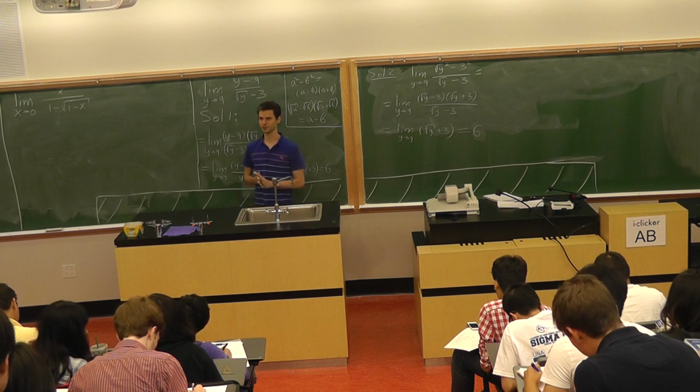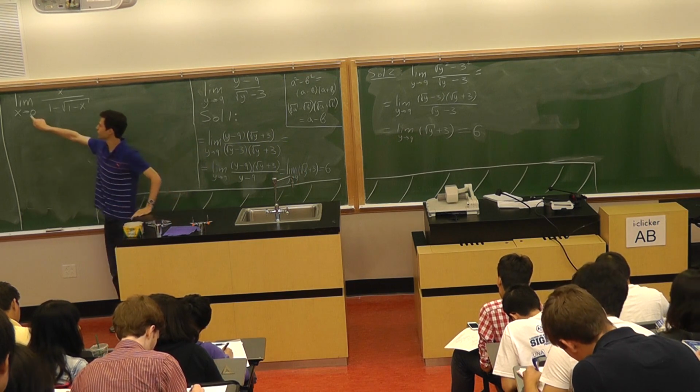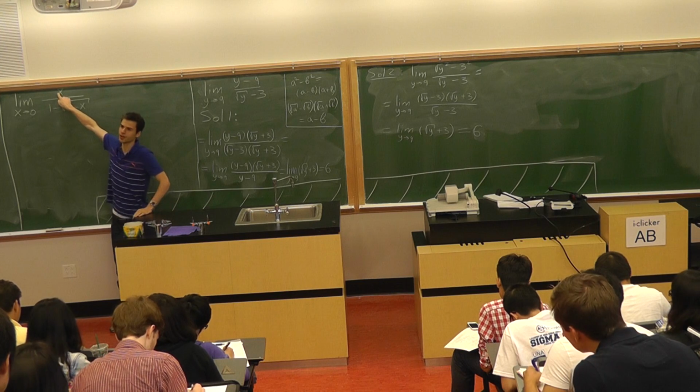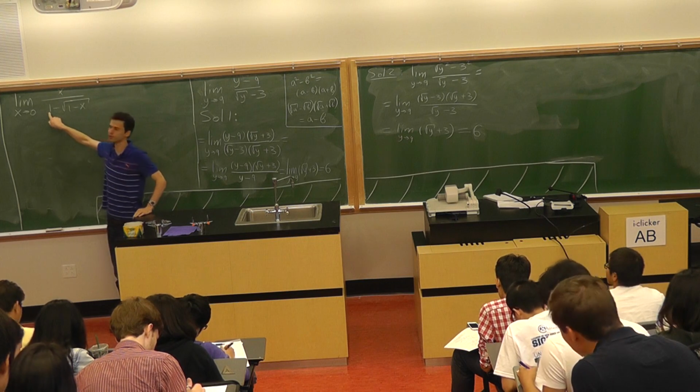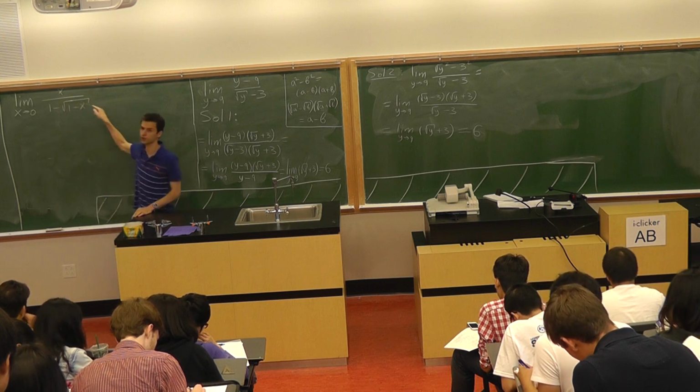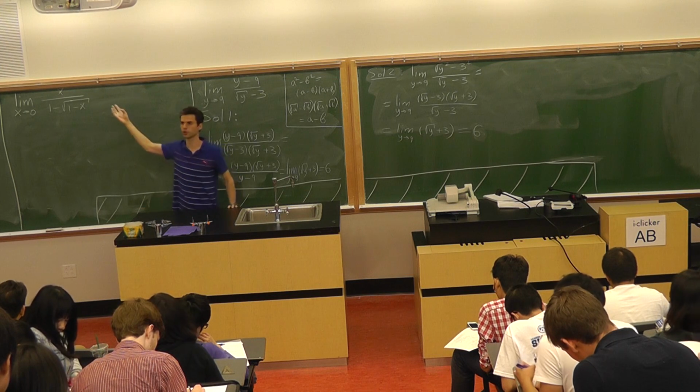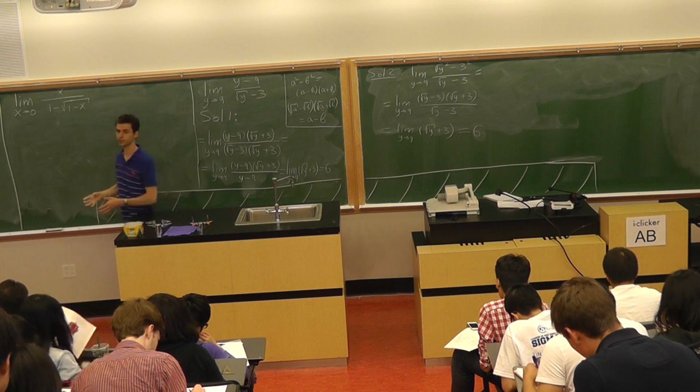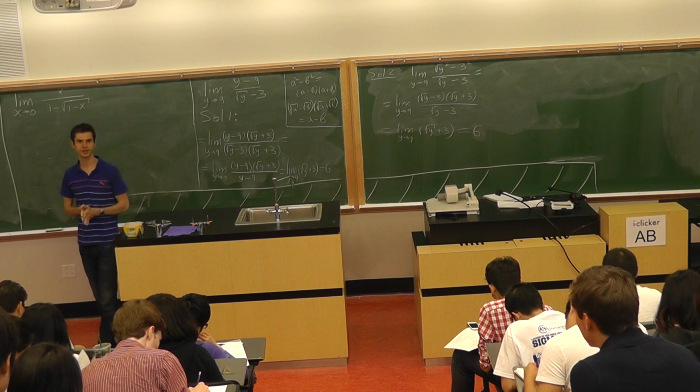So let me do the first obvious step myself. When x approaches 0, the numerator approaches 0. The denominator approaches 1 minus square root of 1, so it also approaches 0. So we can't apply the most naive argument.